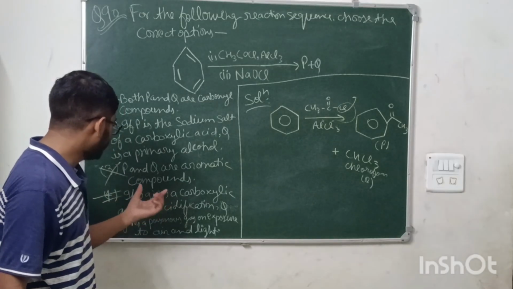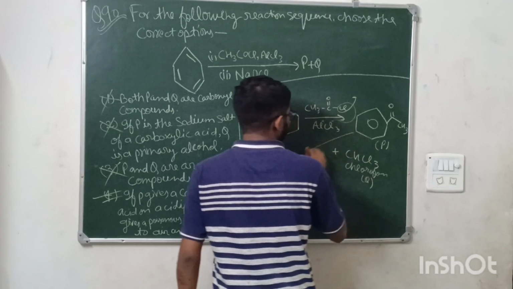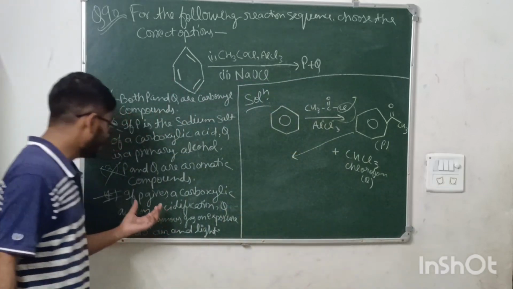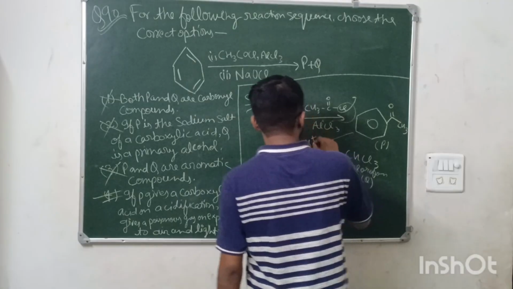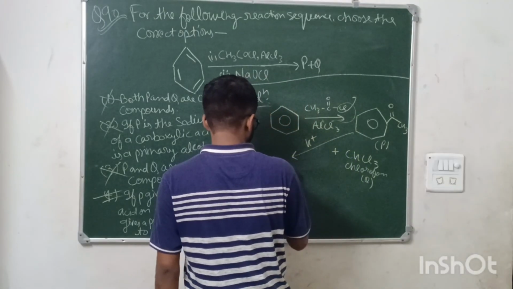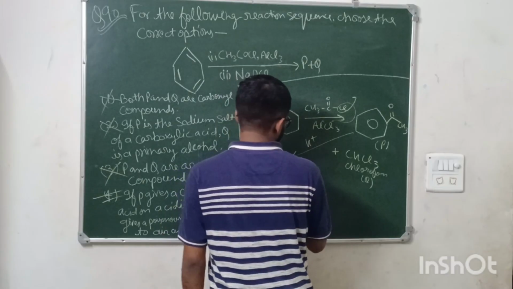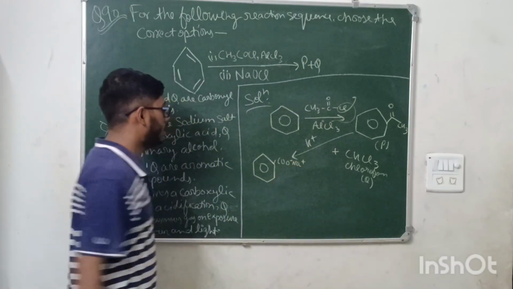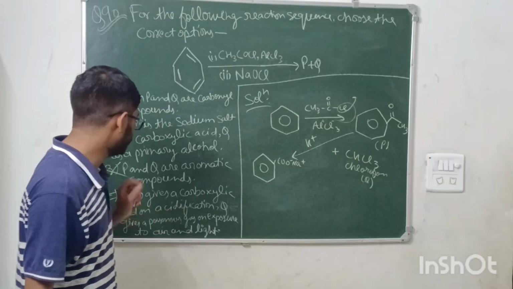See, if P gives a carboxylic acid on acidification, I will verify the option C. If this is a compound and it gives carboxylic acid on acidification, if I acidify it, then it gives what? COO minus and Na plus. This gives a carboxylic group on acidification, and Q gives a poisonous gas on exposure to the air.